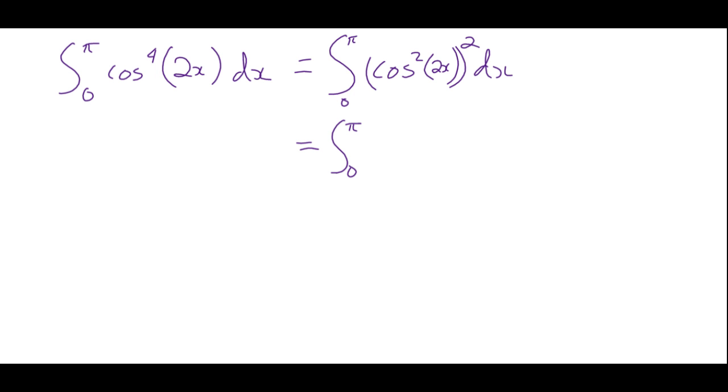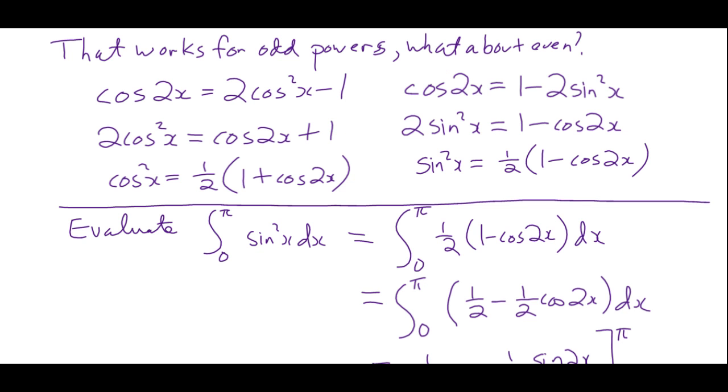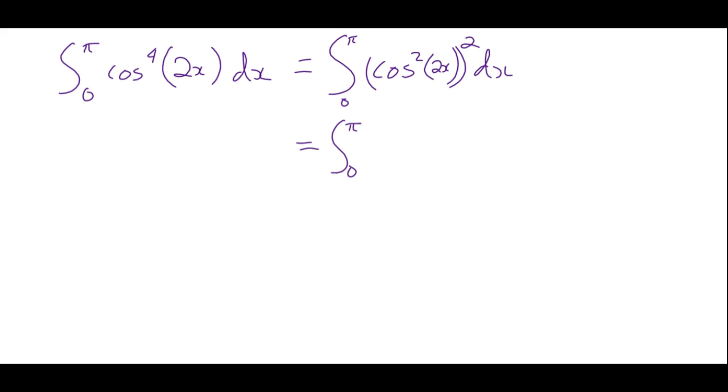Well, what's cos squared replaced by? Cos squared x is 1/2 of 1 plus cos 2x. Okay, so 1/2 times 1 plus cos 2x, which in this case is going to be the cos of 2 times 2x, right?